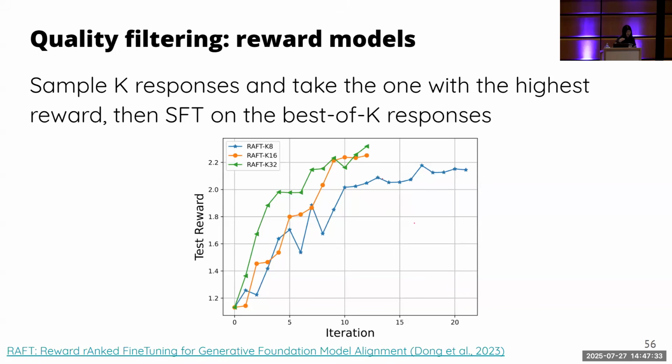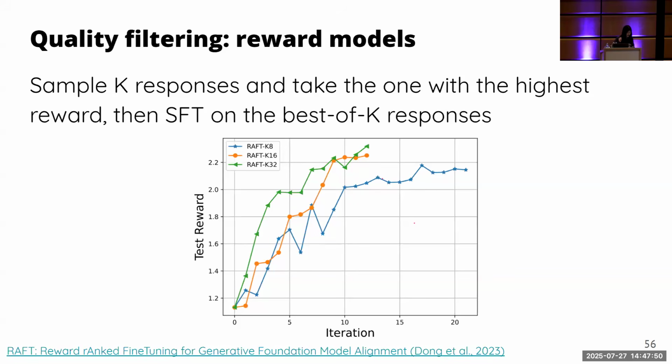A paper titled Raft introduced this idea, and they found that you can do this over multiple iterations. So you're generating data, finding best of K for each prompt, fine-tuning the model on that data, and then you can generate new data with the updated model and repeat this process over and over again.